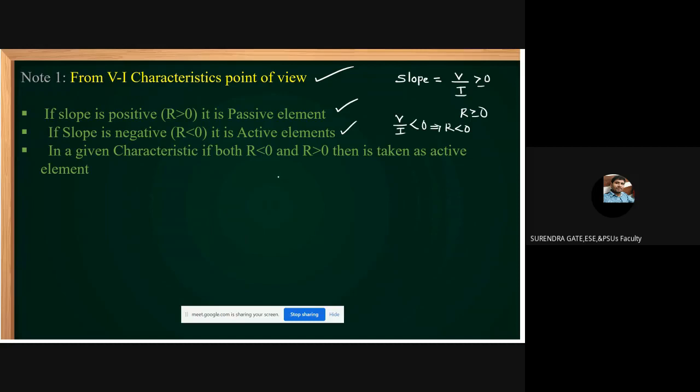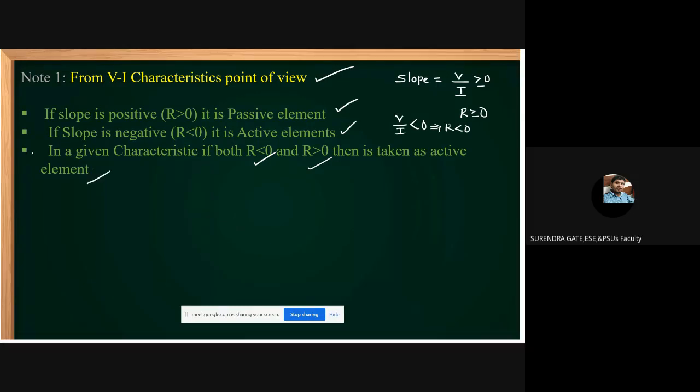From the VI characteristics point of view, in a given characteristics, if both conditions, R less than 0 and R greater than 0, are satisfied, then it is taken as an active element. It is not a passive element.